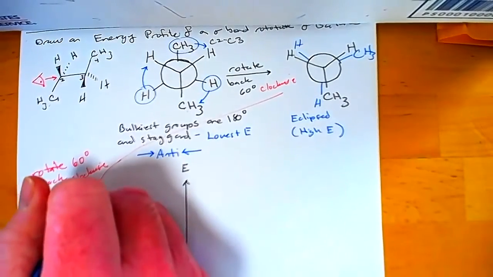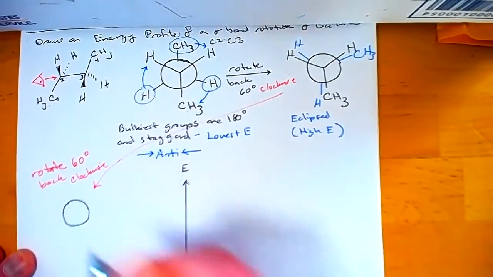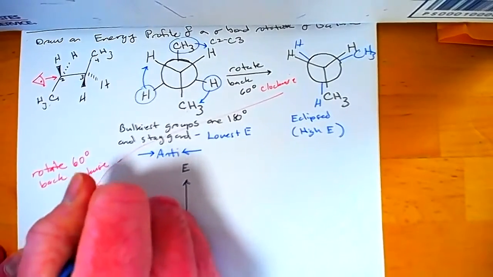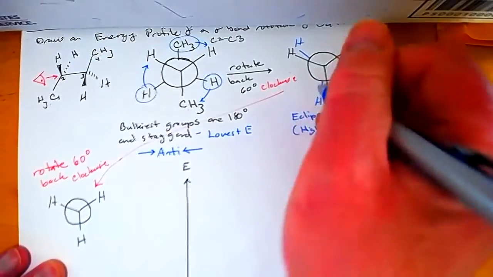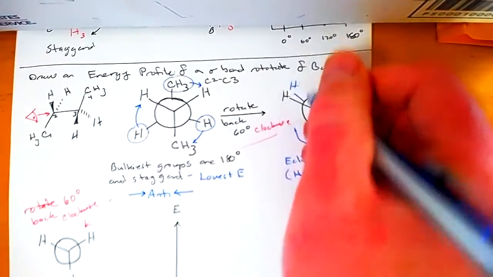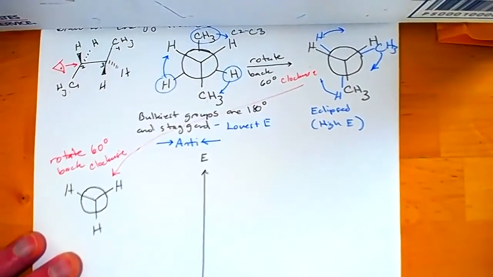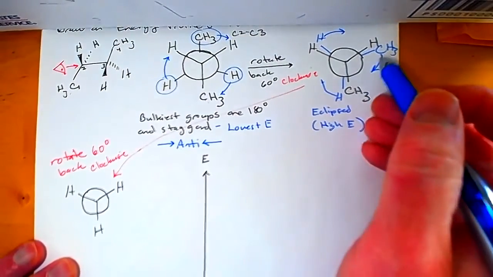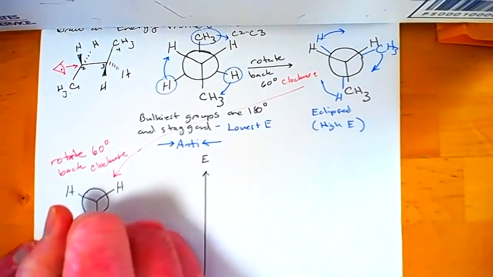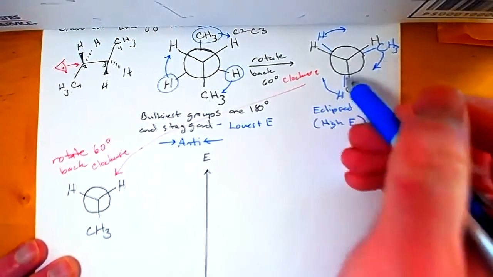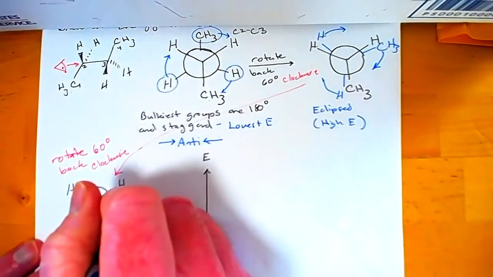So again, your front groups remain unchanged. But now these groups in the back are all rotating 60 degrees. Okay, so that means now that methyl group is going to be, excuse me, there we go. That methyl group is going to be between the hydrogen and this CH3, so it's going to be right here.